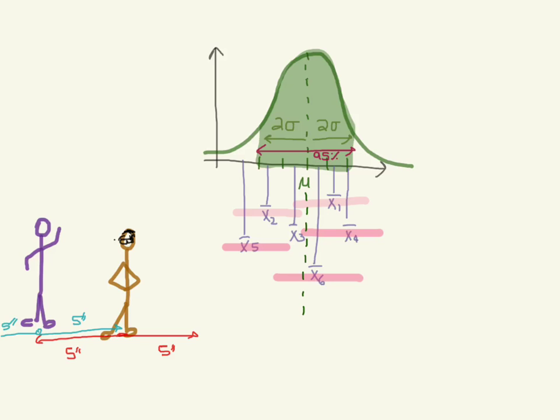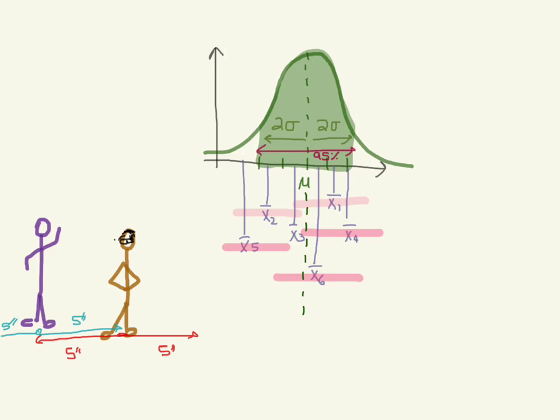The times it's not going to work is when we were not within 2 standard deviations away. Like for this one here, x bar sub 5, its interval does not include the population mean. So this time it did not. But if we were to do this 100 times or 1,000,000 times, 95% of the time, we're going to have an interval that does include this population mean.